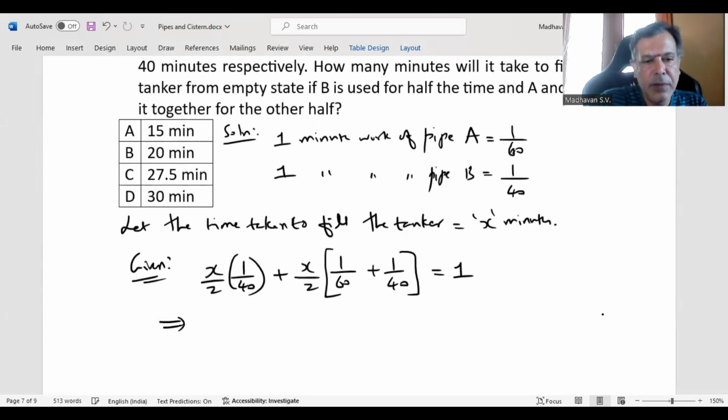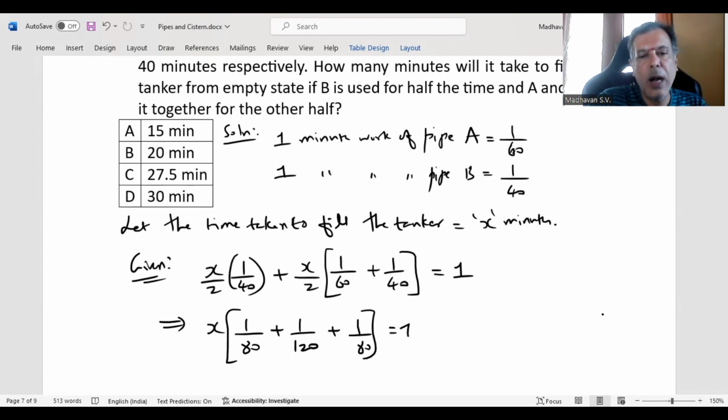That means here we have X, we can keep it as common, 1 by 80 plus 1 by 120 plus 1 by 80 is equated to 1.